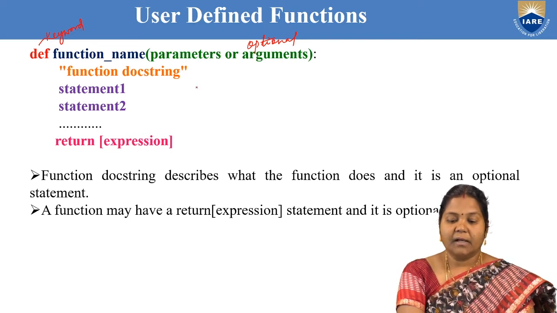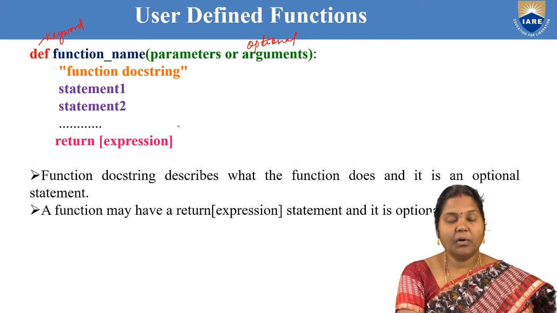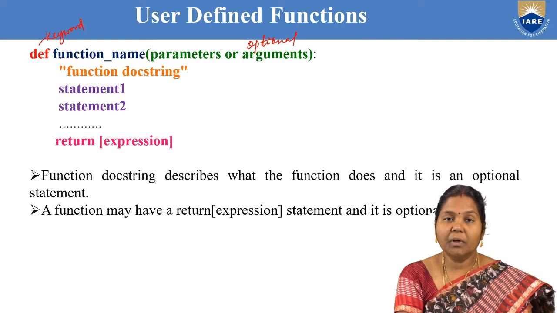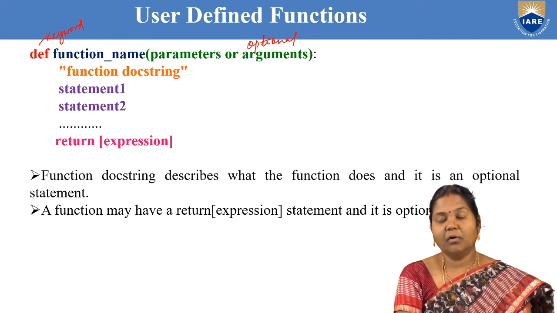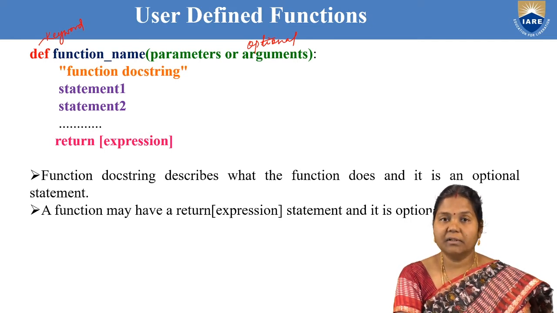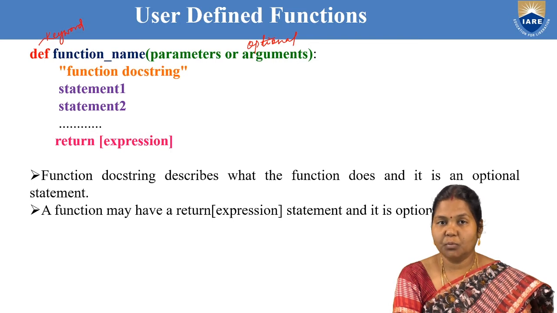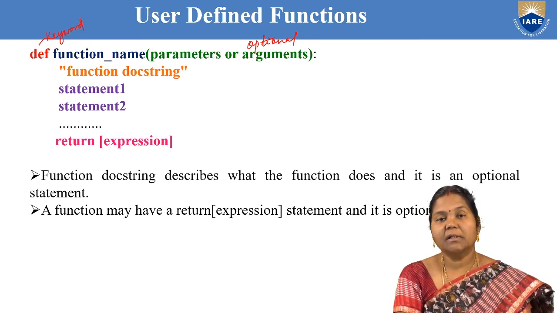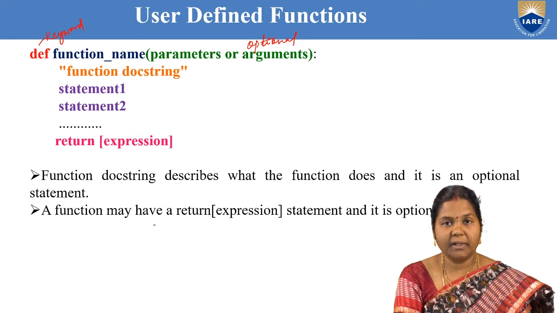Then inside the body of the function, if you want to provide documentation, you can provide the function docstring. Within your triple quotes, you can mention the functionality of this code, that means what this function is doing. You can mention multiple lines of documentation over here.